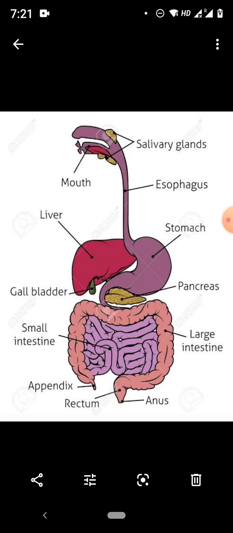And this bile is stored in a sac-like structure called the gallbladder. After that, there is the pancreas gland. It is a large cream-colored gland located just below the stomach. The pancreatic juice contains enzymes which help in the digestion of carbohydrates, fats, and proteins.